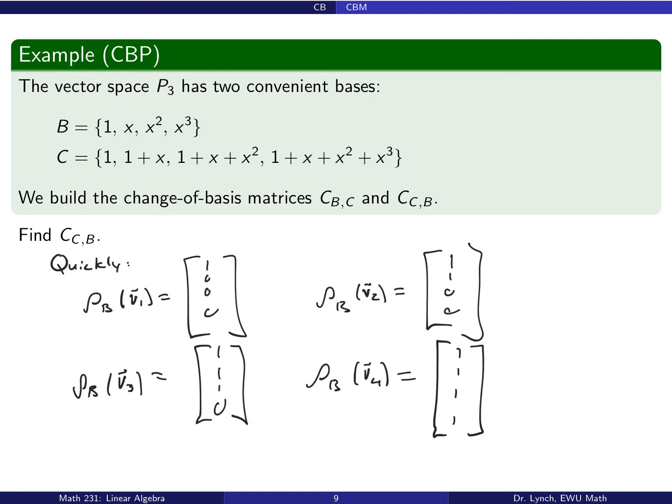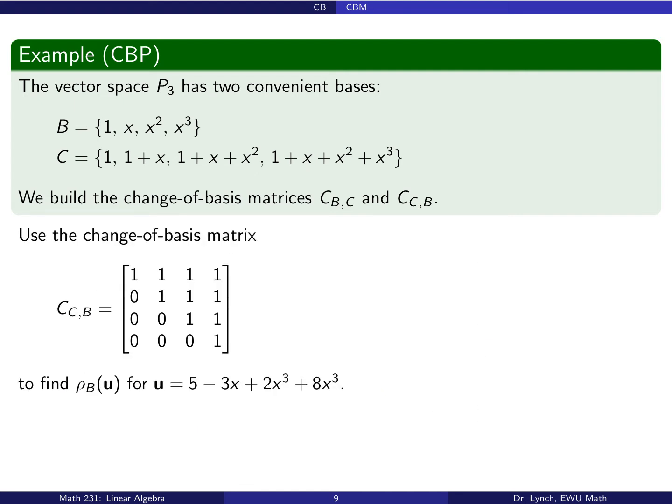The coordinatization process is pretty quick here. It's usually quick to write elements in terms of the standard basis. So we see that these are the four vectors that will become the column vectors for our matrix: the coordinatization of V1, of V2, of V3, and of V4. So here's that change of basis matrix again.